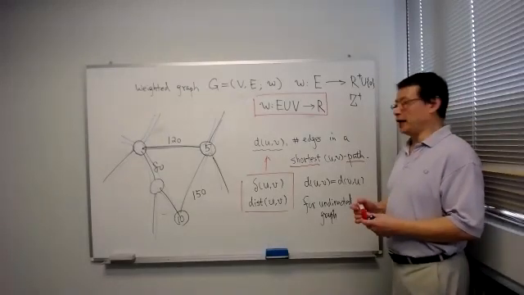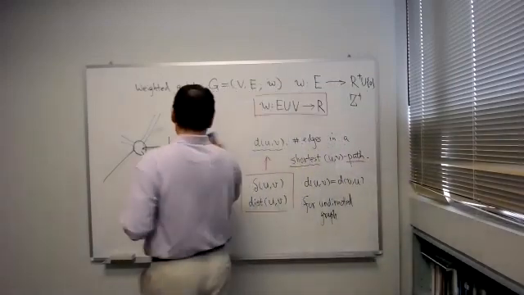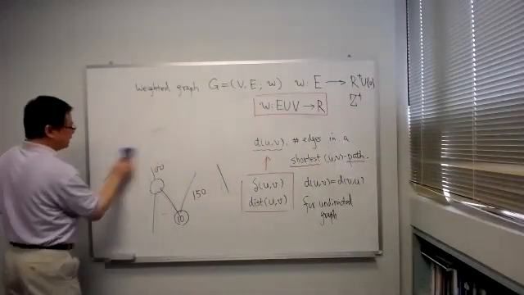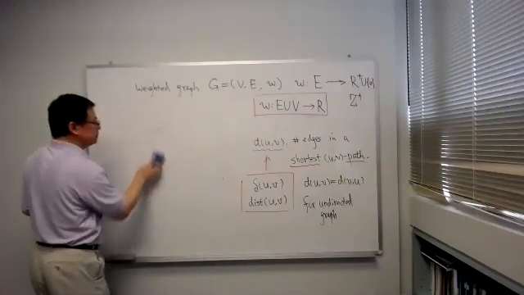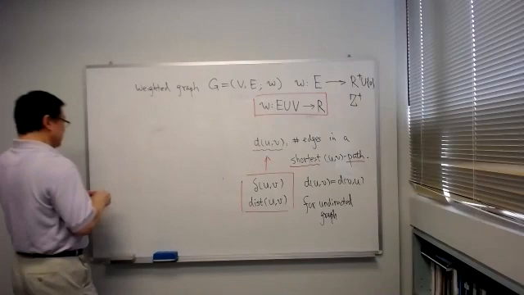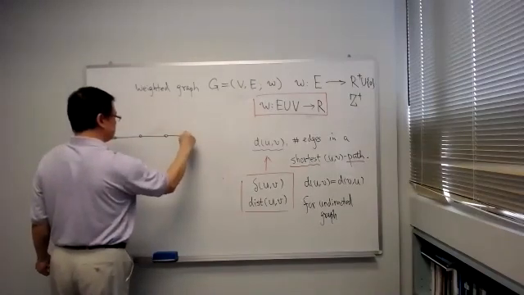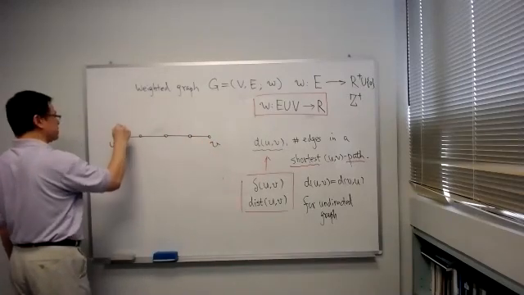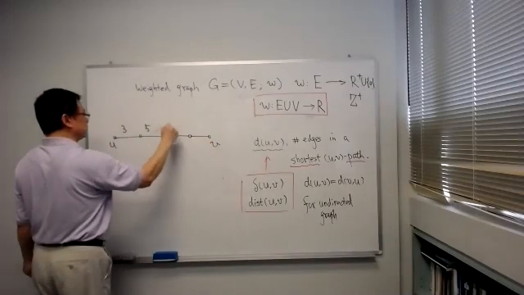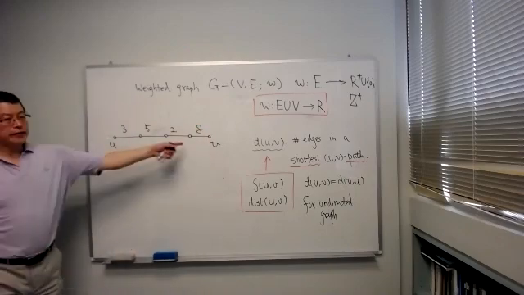Now for a weighted graph, the distance, of course, naturally will be the sum of weights on edges. So of course, we have a path.